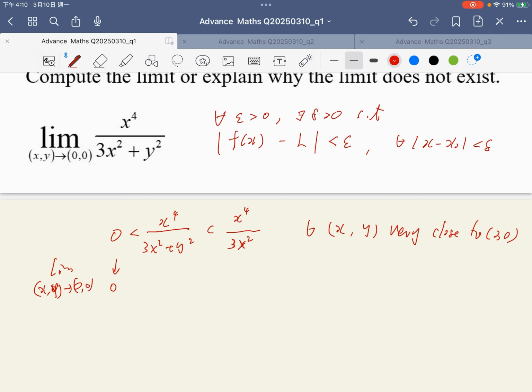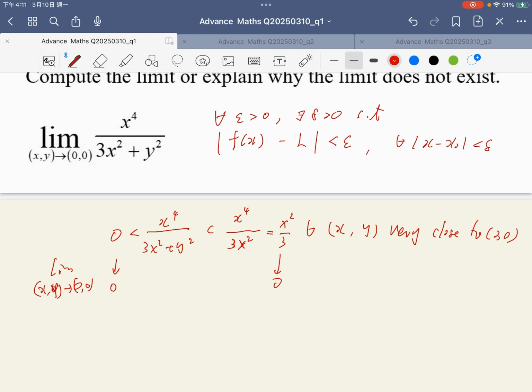The left hand side is 0, so we don't need to do anything there. On the right hand side, we only concern the value of x, and after cancelling we get x squared over 3, which tends to 0.